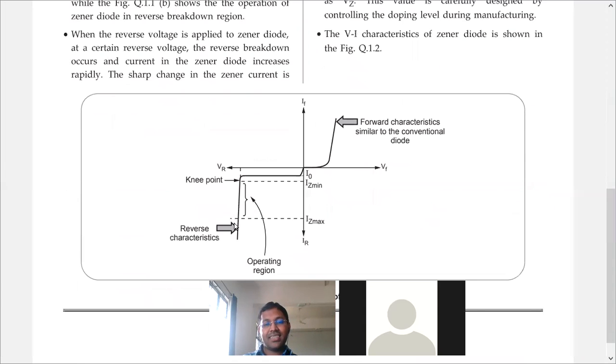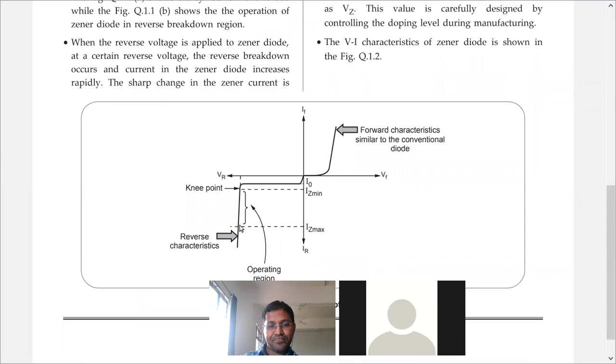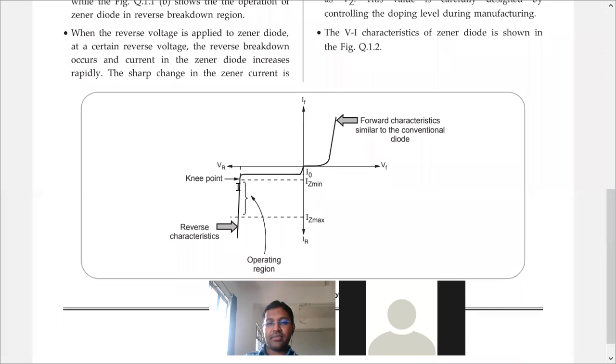Current rising sharply. Okay, not gradually, right? Current is rising sharply. Whereas in the case of avalanche breakdown, the current is not rising suddenly, but gradually rising.